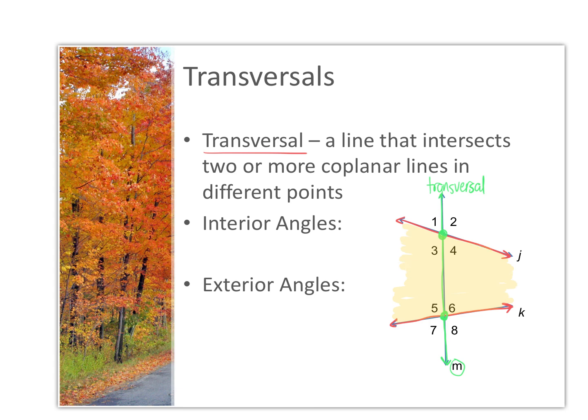So our interior angles are the ones in between those two, so it's angle 3, angle 4, angle 5, and angle 6. The exterior angles are the ones on the outside of those red lines, and so that's angle 1 and angle 2, angle 7, and angle 8.